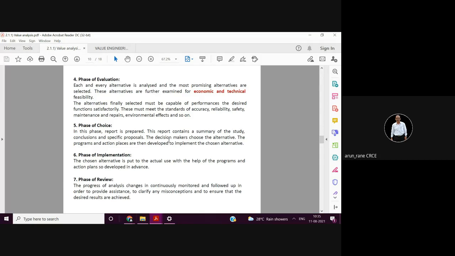Then phase of choice. So here now you make a report. In the report, you summarize all your studies, your alternatives, then your conclusion and whatever your proposals are. It is not necessary that you always come with a good solution, or that you complete your studies about that particular project in a given amount of time.